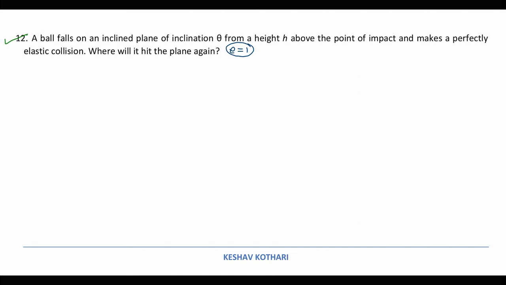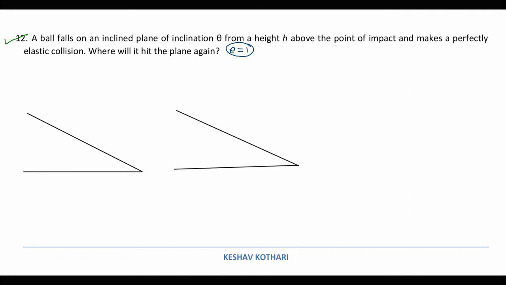So let us consider something like this. We are considering that this is an inclined plane that we are talking about, and I'm drawing two such inclined planes to show the velocities before and after the collision respectively.